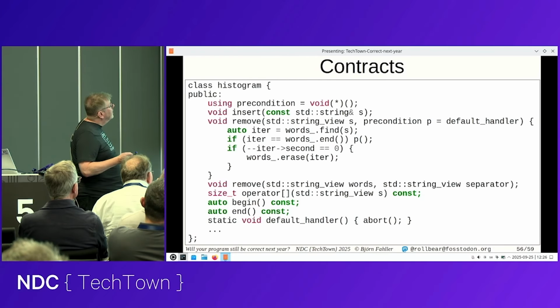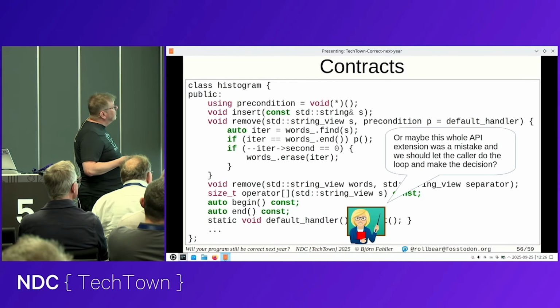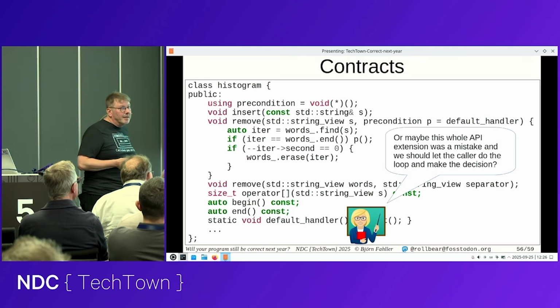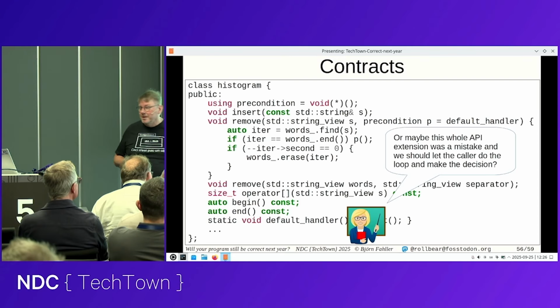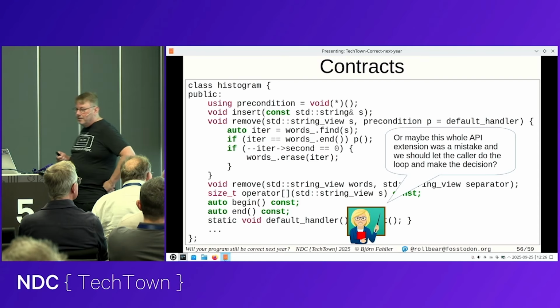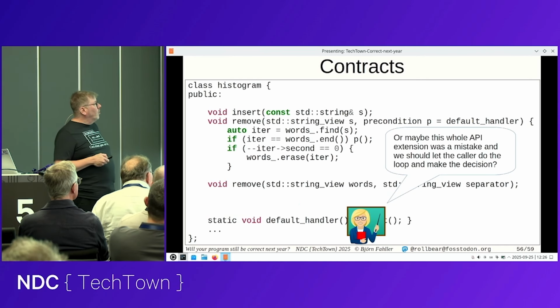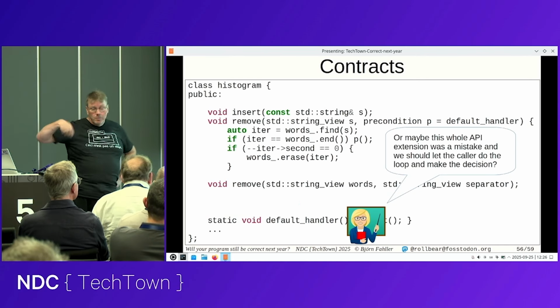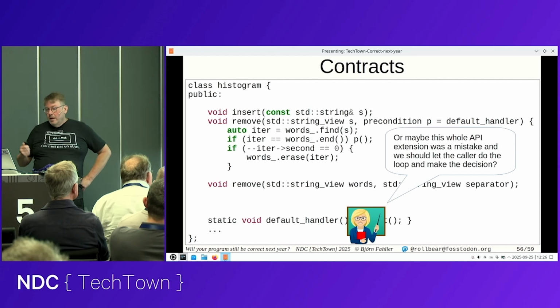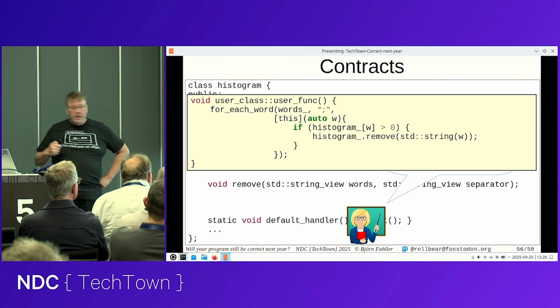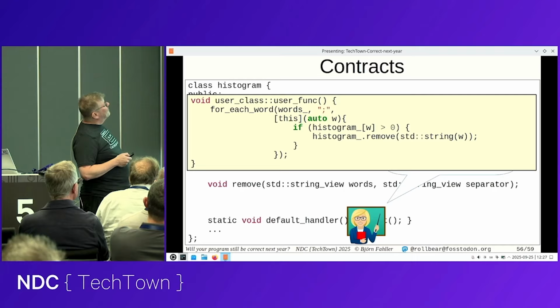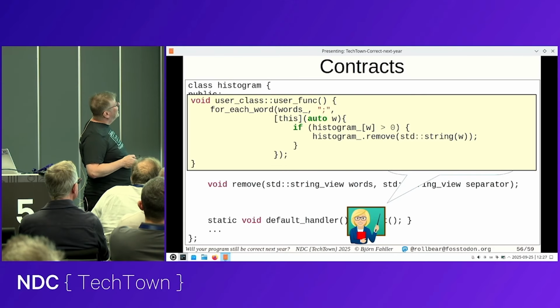Alternatively, maybe this whole API extension was a mistake. Maybe we shouldn't have done that. Maybe we should just drop these and let the caller do the looping and decide what they want to do. So look, here's a really useful function that someone can use, for_each word.